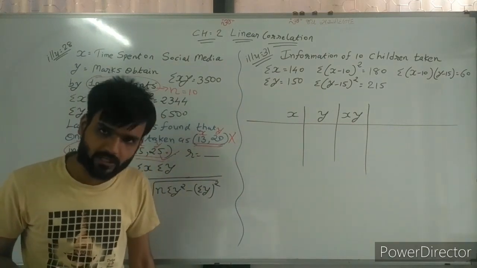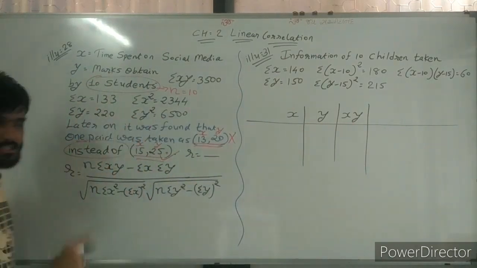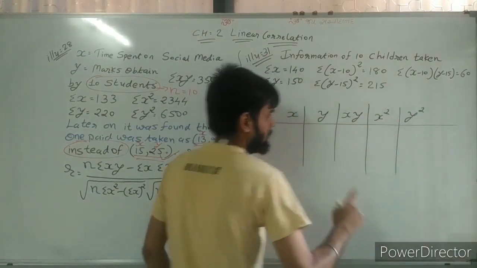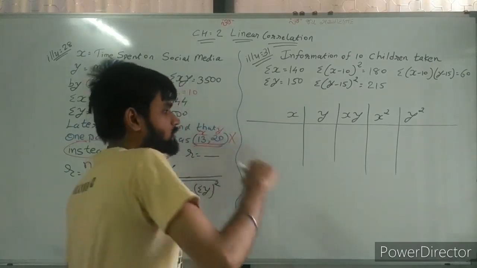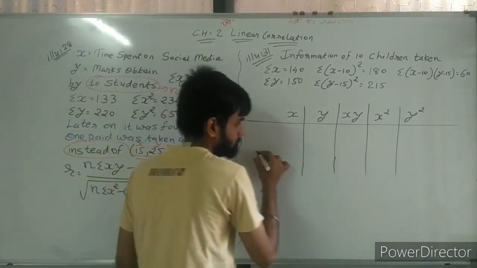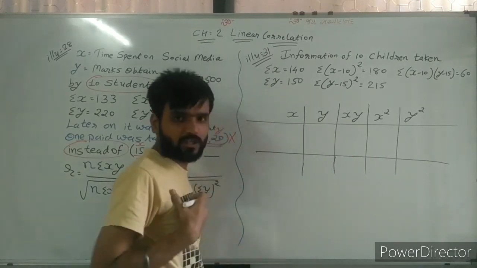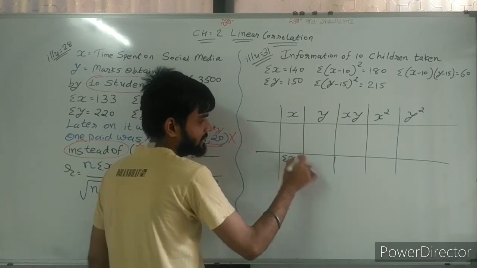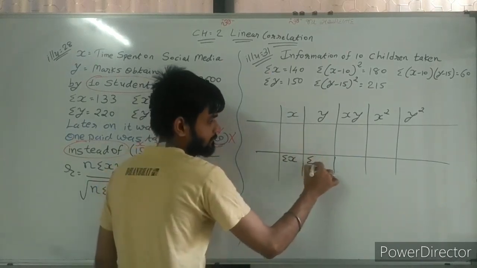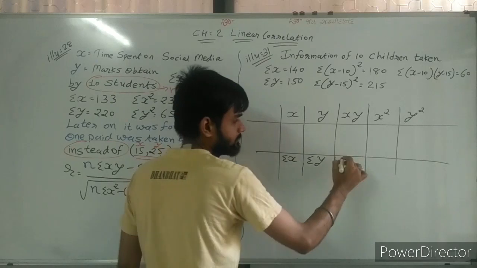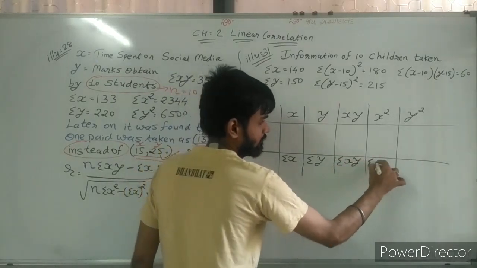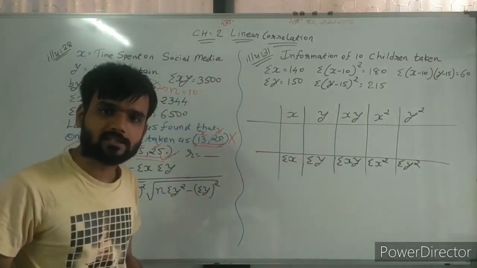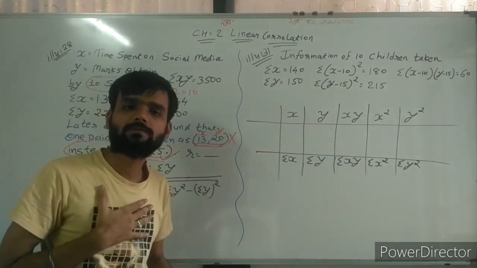On the basis of x and y we can find x square and y square, so make two columns, x square and y square. The total of these columns is already given to us: sigma x total, sigma y total given.